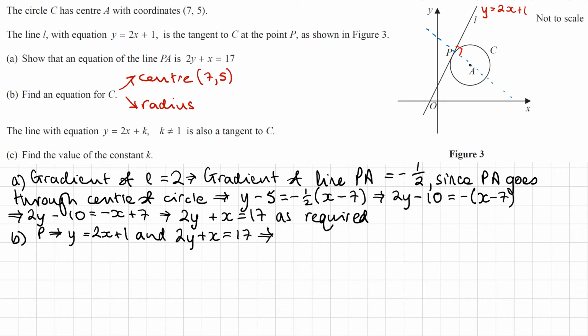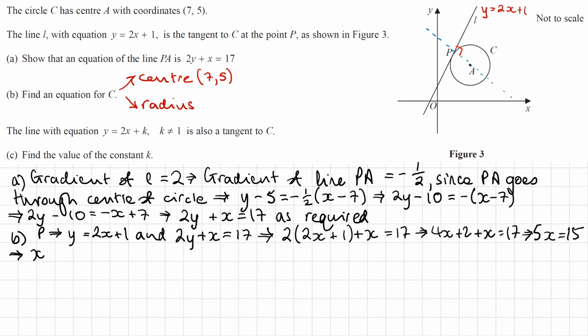So we'll have 2, now y then becomes 2x plus 1 from the first equation, plus x is equal to 17. So expanding the brackets, we'll have 4x plus 2 plus x is equal to 17. So from there, we'll have 5x, if we put the x's together, and then if I take away 2 from both sides, 5x is equal to 15. That gives x is equal to 3.